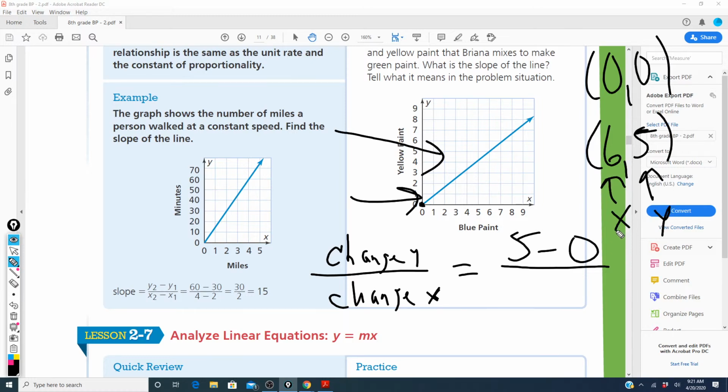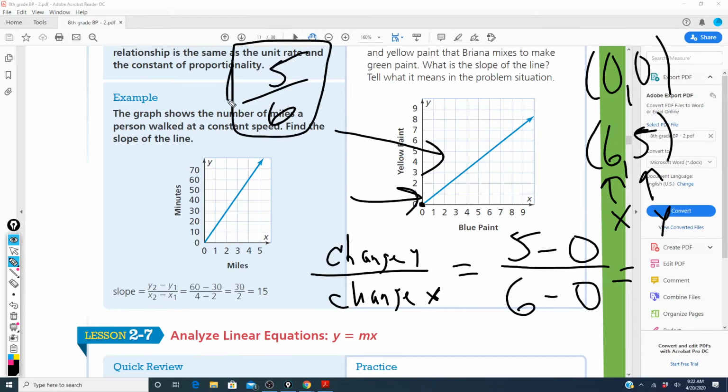This is your x. So 5 minus 0 over your change in x. Your change in x is going to be 6 minus 0. So when you do this, the slope of the line is going to be 5 over 6.